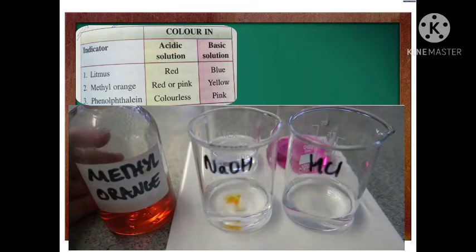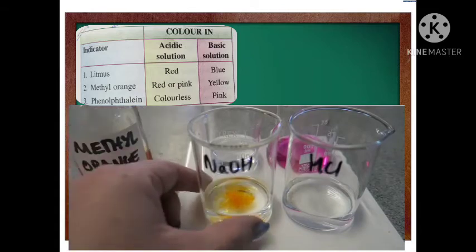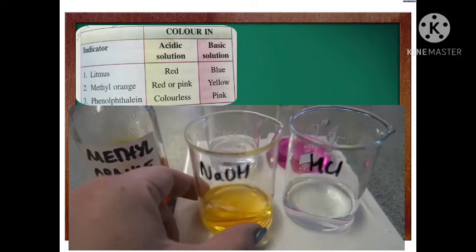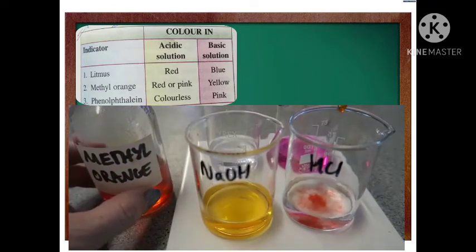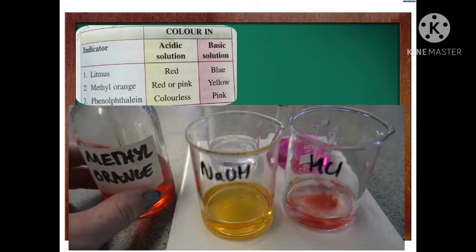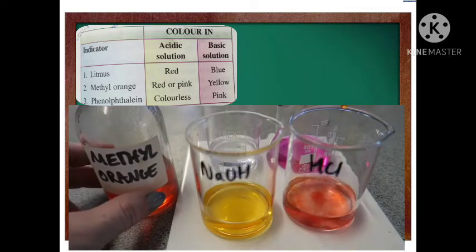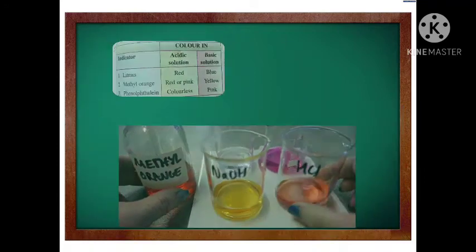Next indicator is methyl orange. On adding a few drops of methyl orange into a basic solution, it turns yellow. Methyl orange turns an acidic solution red, pink or reddish orange. Isn't it very colorful and interesting?